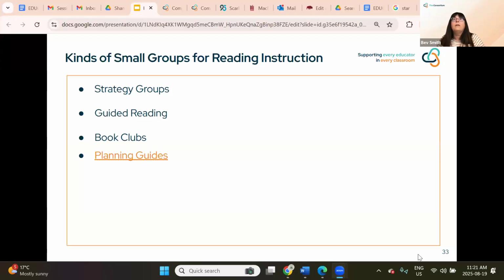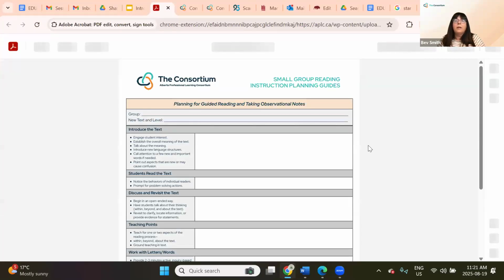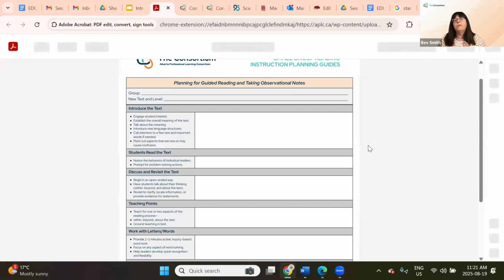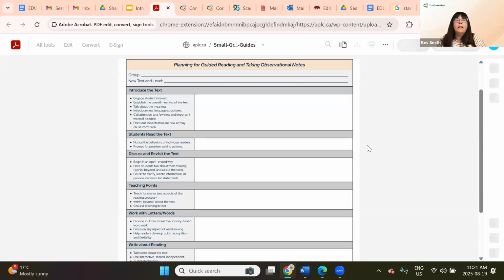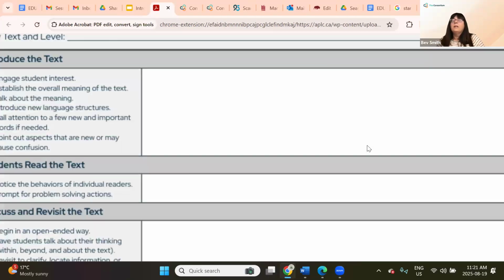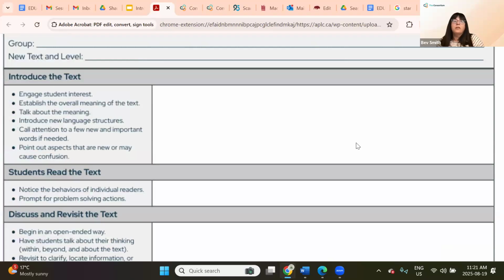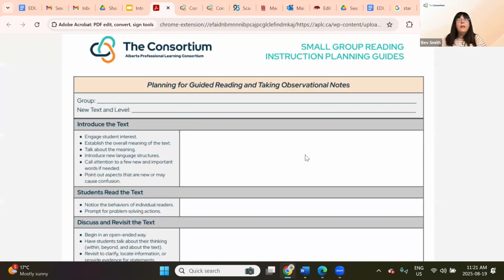Now, I've created some planning guides. So Kelly, if you can click on that link. There is a link within the guide that will take you to the planning guides. There's also an independent link for them when you're in the small group reading. There is a planning guide for guided reading and taking observational notes with students.